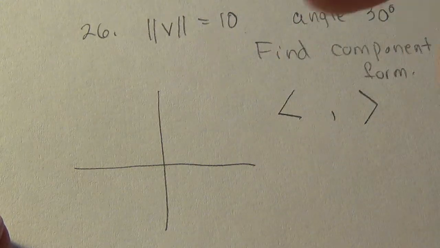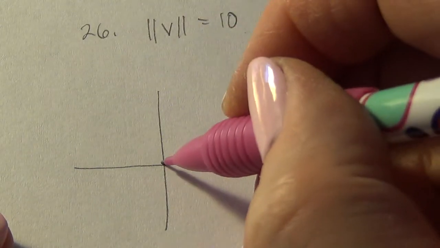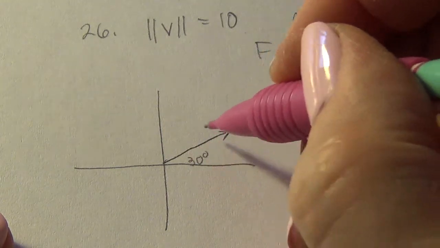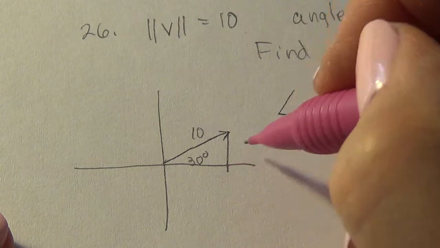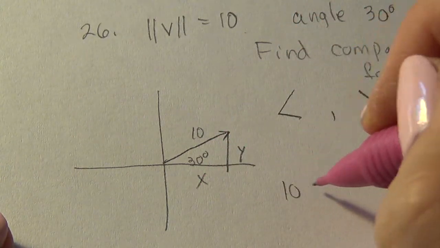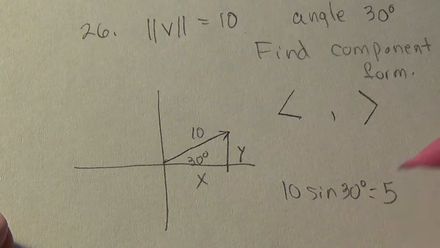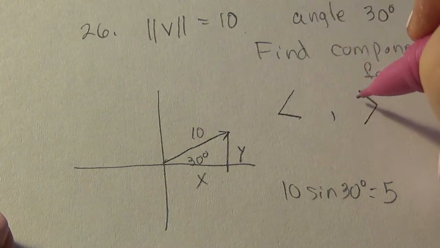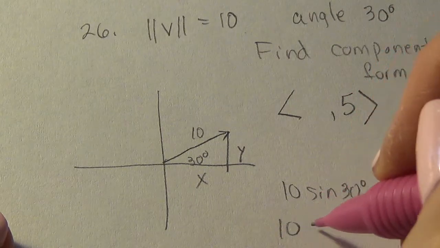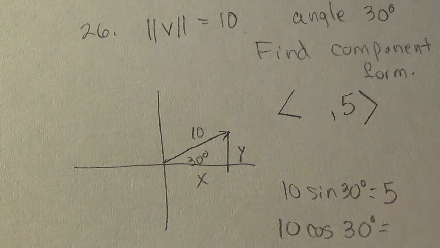So we have a magnitude of 10 at 30 degrees. So here's the vector, 30 degrees, 10. So we have to find the y component and the x component. Sine will give us the y component, so that's 5. And cosine will give us the x component.